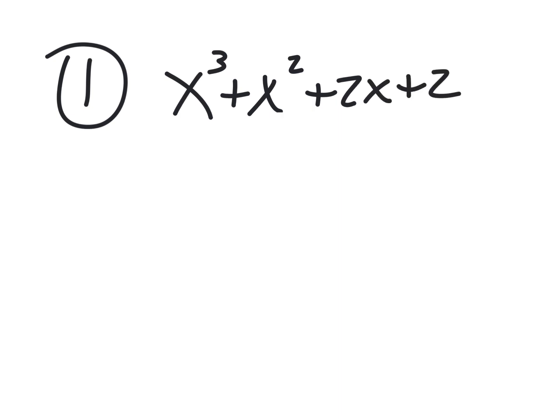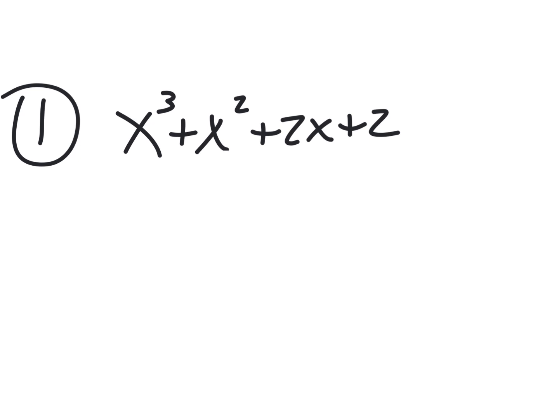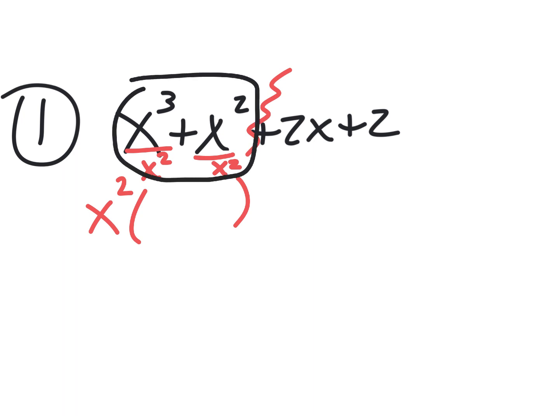Thank you. And I think this is just that factor by grouping stuff, right? So, the line like that, factor the first part, x squared comes out. That's really dividing by x squared, dividing by x squared. Did you get x plus 1?